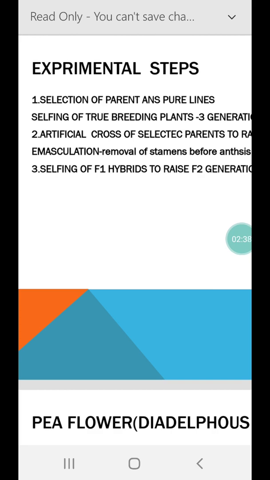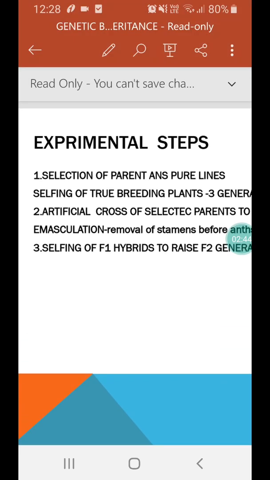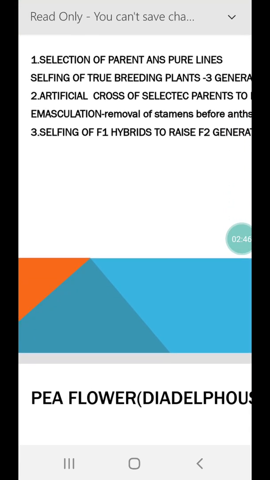Now he conducted the experiment in 3 main steps. First, selection of parents and pure lines, that is selection of true breeding plants for 3 generations.